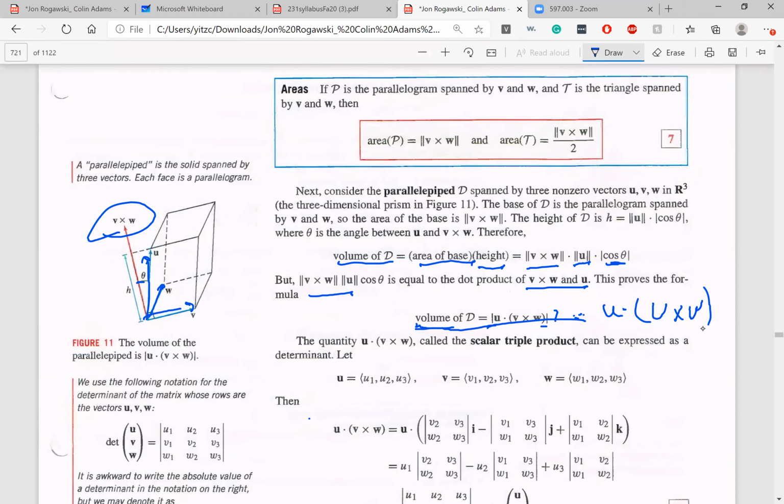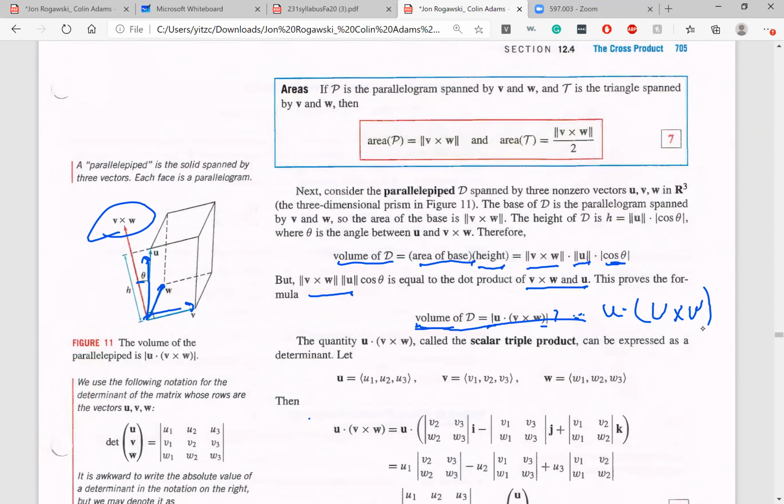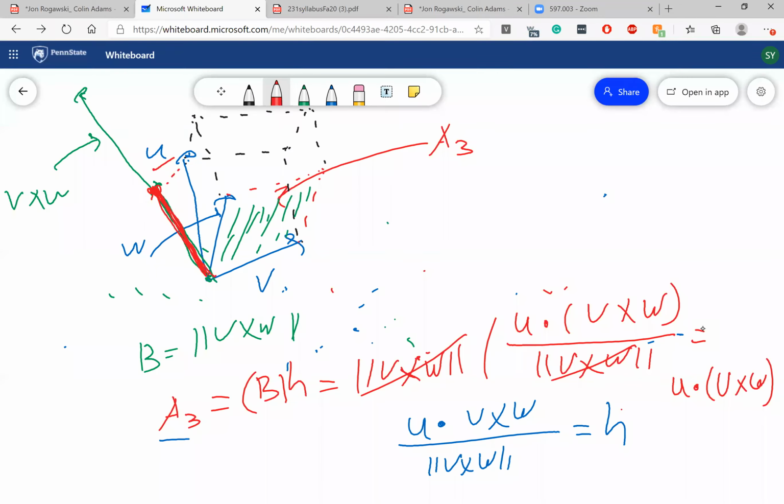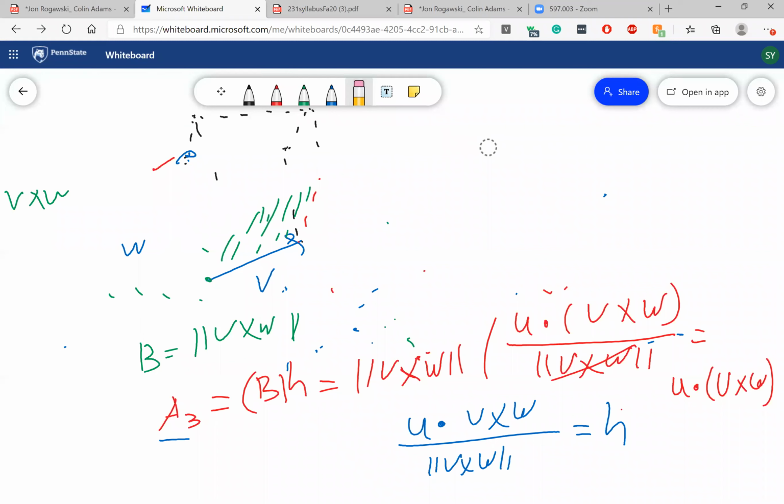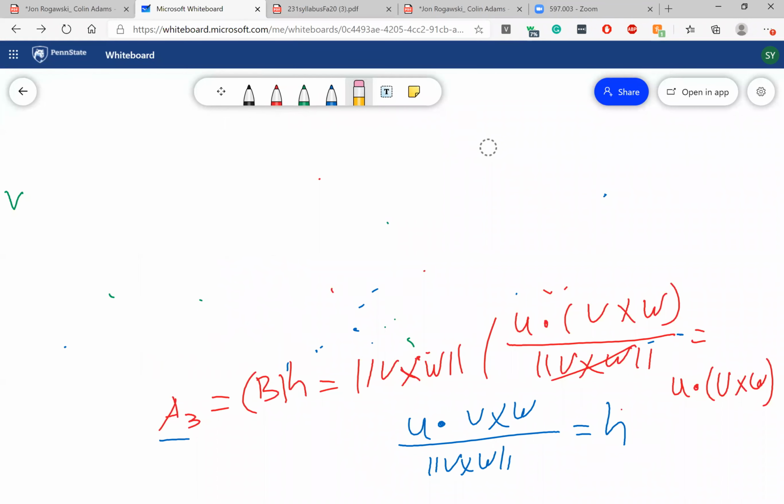Any questions about this? Okay, so the three areas that we need to remember.